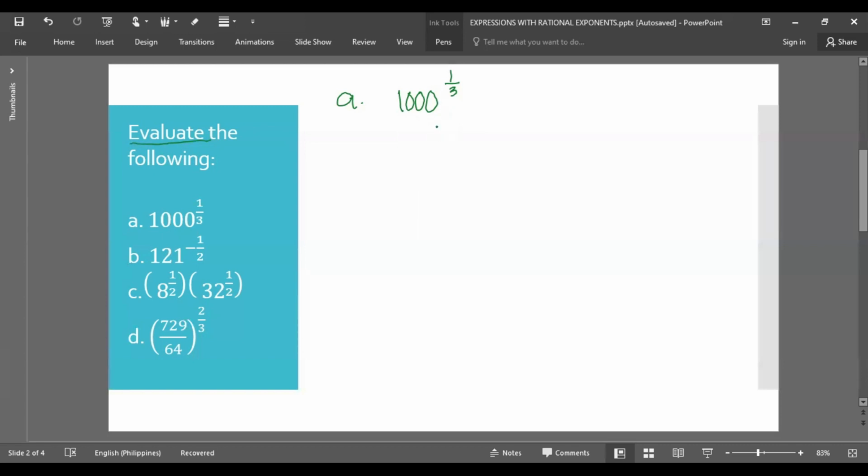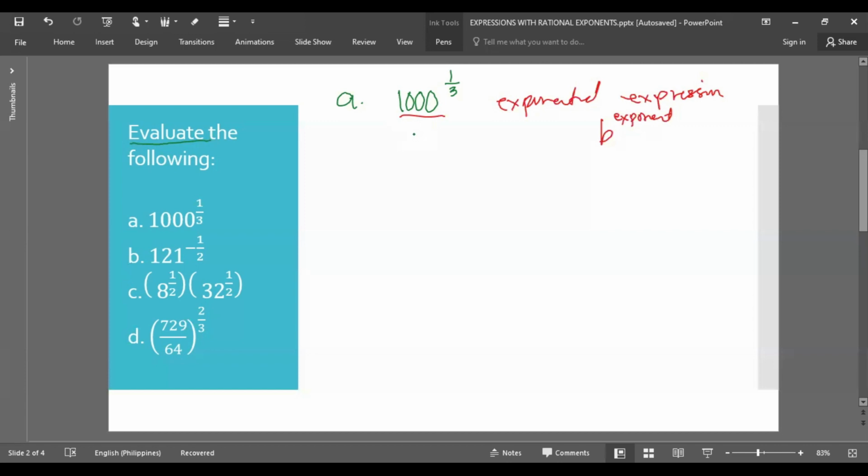The very first thing to do is to express the base as an exponential expression which is equal to the original number. When we say exponential expression, it has the base and its exponent, okay? So you are to think of an exponential expression that is equal to 1,000.